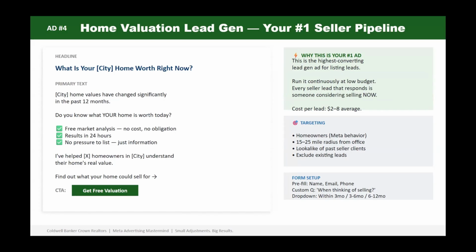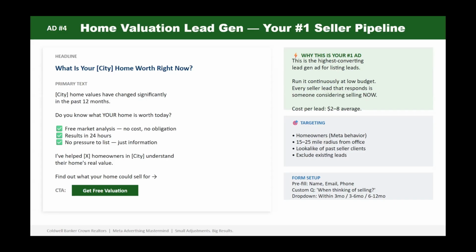And then your area that you would like to get sellers from, whether it's a lake or a city or a certain neighborhood, you target that radius. You can also do look-alike of past seller clients if the algorithm has enough data. And there is a way in there where you can exclude existing leads.